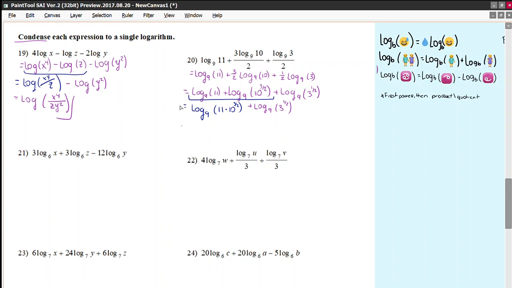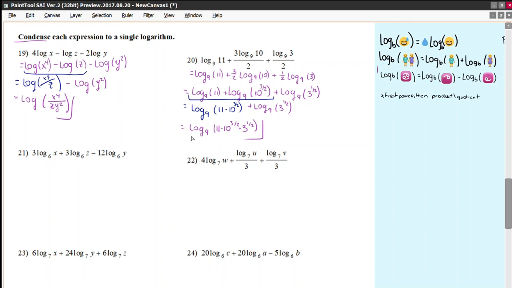And then to finish simplifying, this is logarithm base 9 of 11 times 10 to the power of 3/2 times 3 to the power of 1/2. I don't need to solve this. All I need is to condense this entire expression into a single logarithm where everything is inside the argument.